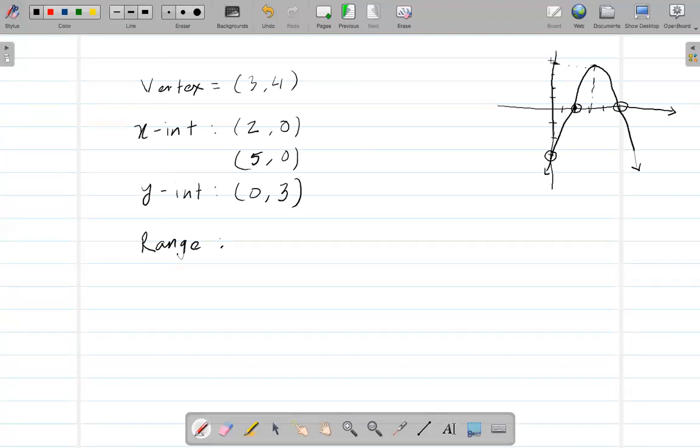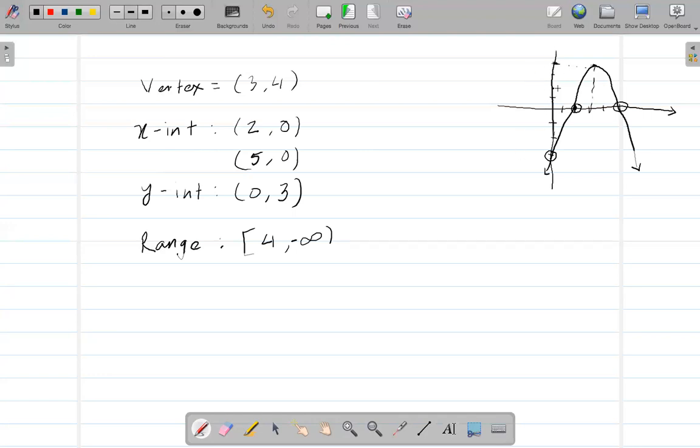So 1, 2, 3, 4. We are considering this point as well, so we can have a square bracket from 4 to negative infinity, right? Because this is the negative side, and this is the positive side.